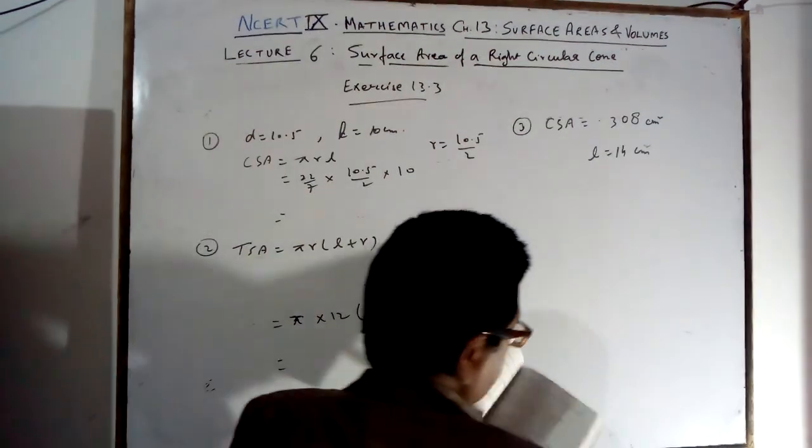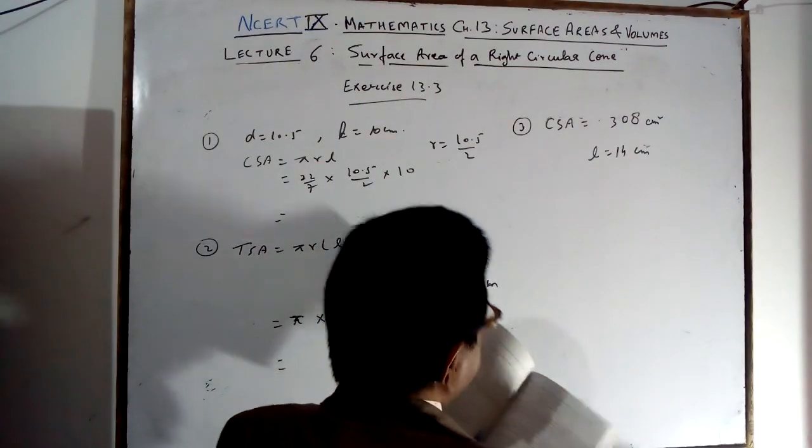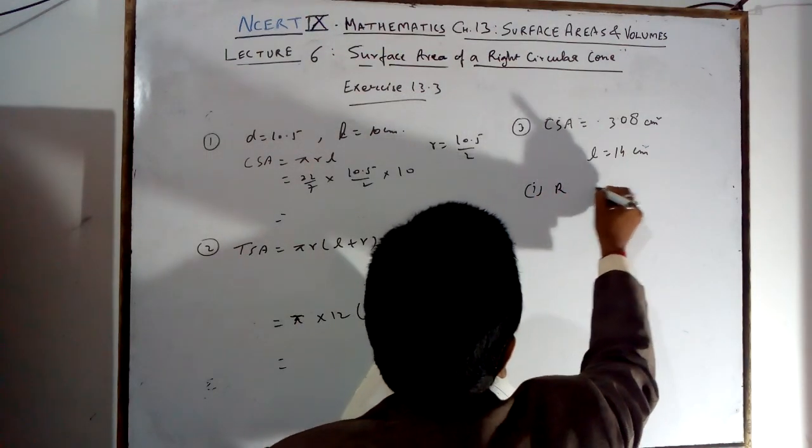Length, the slant height, is given as 14 centimeter. So first, you want to find its radius.